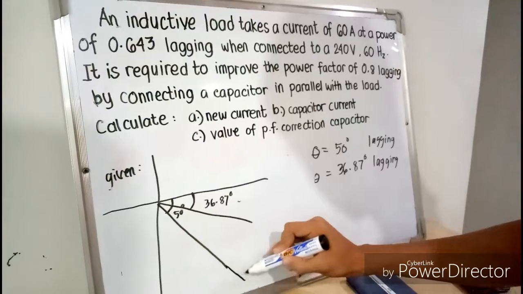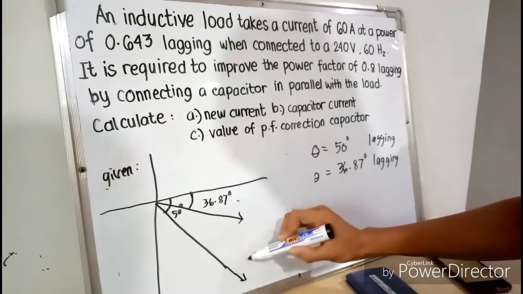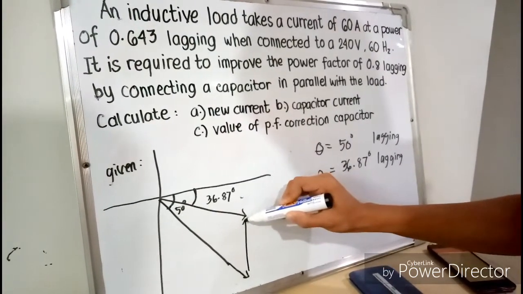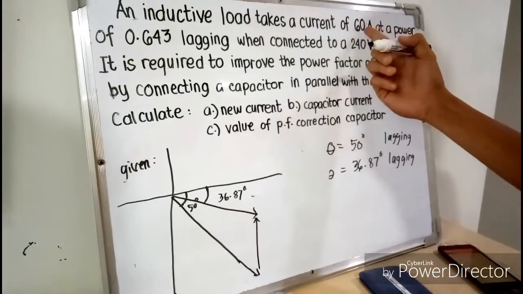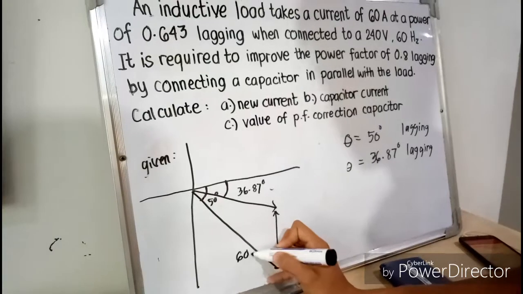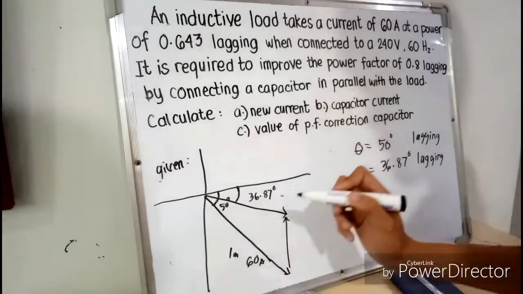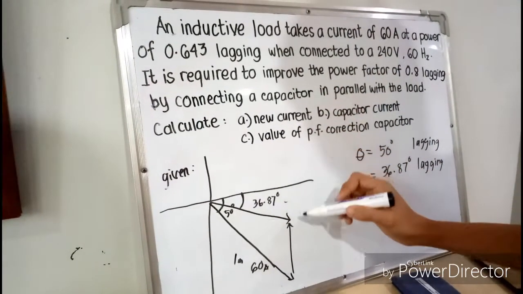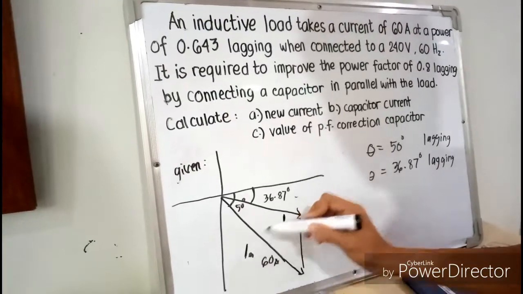So we have here the 60 amps, I max, and the new current.